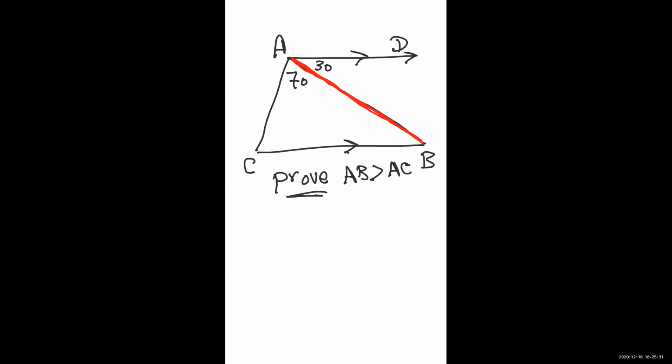Actually, it's C, which I will denote as 1, for example. So I have to prove that the measurement of 1 is greater than the measurement of 2, the angle opposite to AC. Simply, this is the key of the solution.